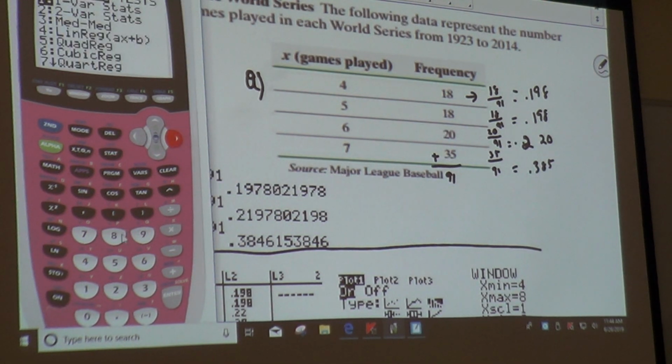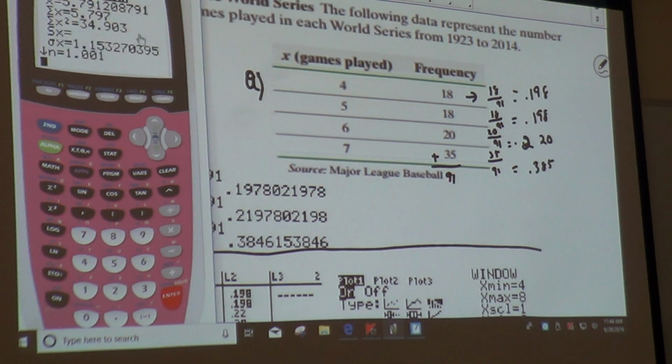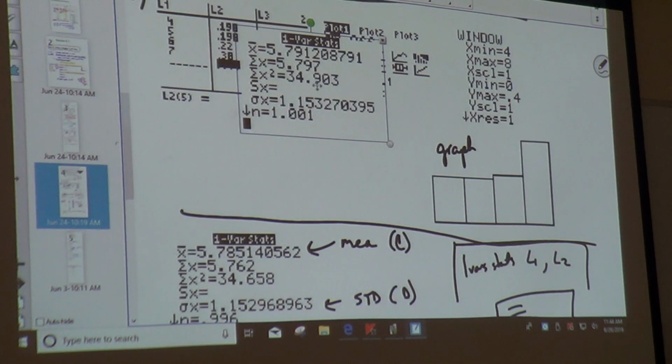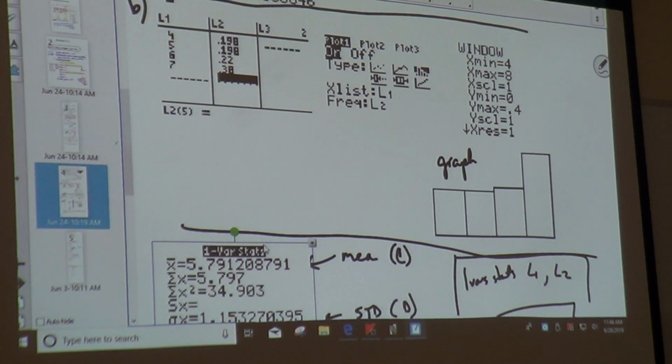Stat calc, one bar stats. I was off by 5 thousandths of a point. Does that look better? It's perfect. Perfect now. Sorry, I left a 5 off right there.